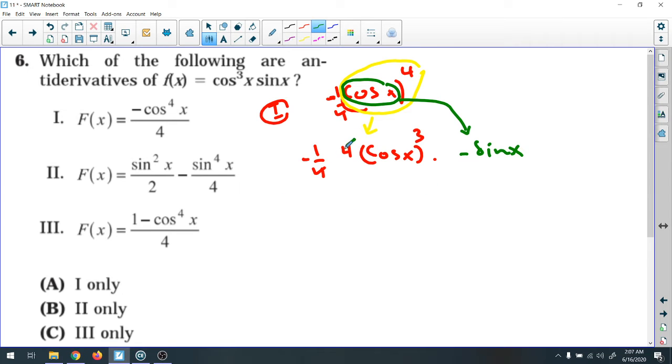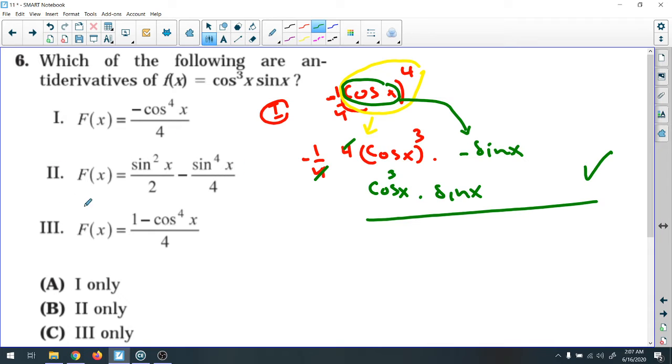Combine all, cancel 4 with 4. Negative times negative is positive. What's left is cosine x to the third times sine x. So part 1, yes. The derivative of negative cosine to the fourth over 4 is cosine to the third sine x.